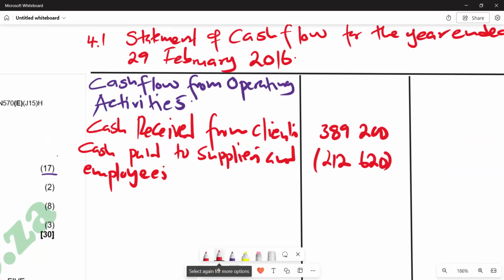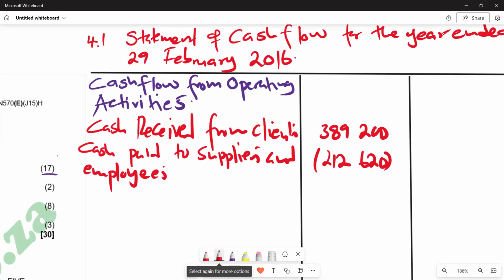So from there now, we can also try to see what we are supposed to put beneath that. So here, when you add your cash receipt from clients to cash paid to suppliers and employees, which is simply going to be 389,200, and then obviously a positive and negative will give you a negative.